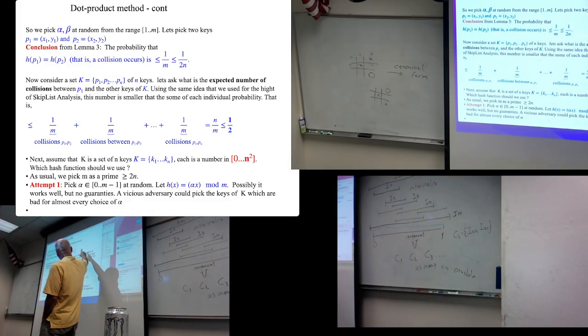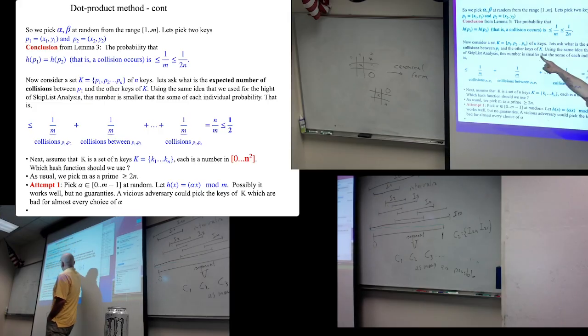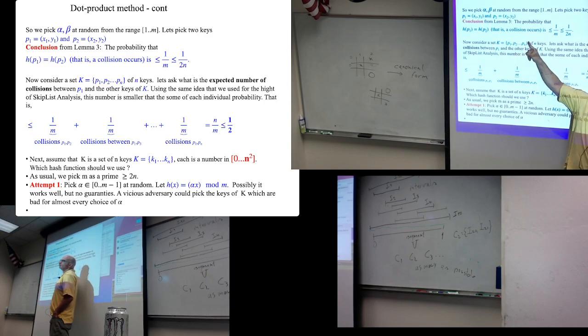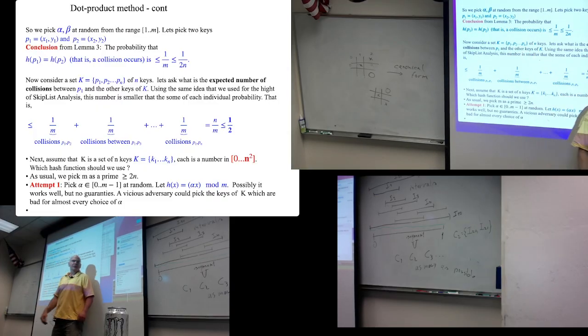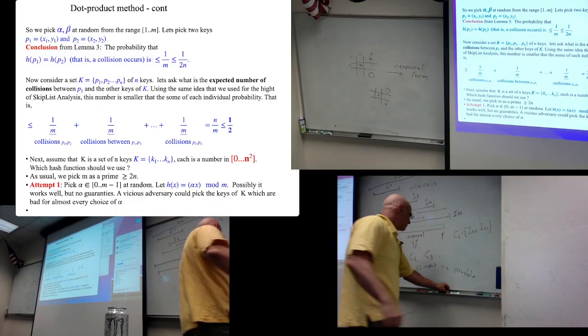Okay, and we are playing more with these numbers. If now K is a set of points or a set of keys, and there are already n keys in it. And remember the notations that we are using all over the hashing.